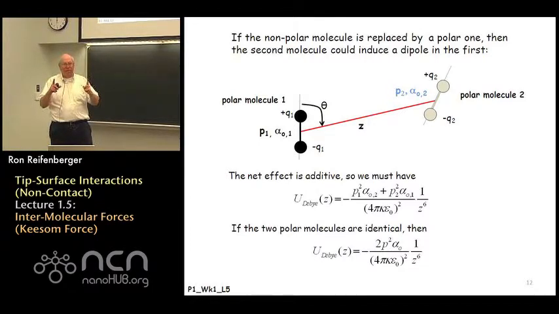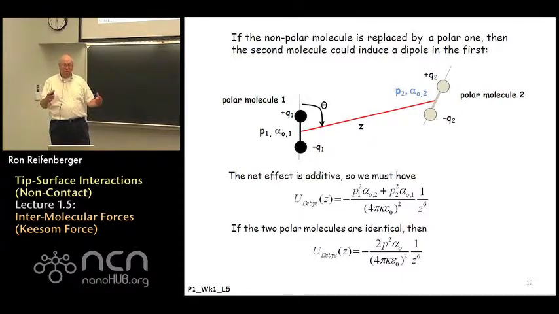It's interesting to consider replacing the nonpolar molecule with a polar molecule, right? So the nonpolar molecule in the previous discussion is now replaced by a polar molecule. And this second molecule, which is polar, could also induce a dipole moment in molecule number 1, right?